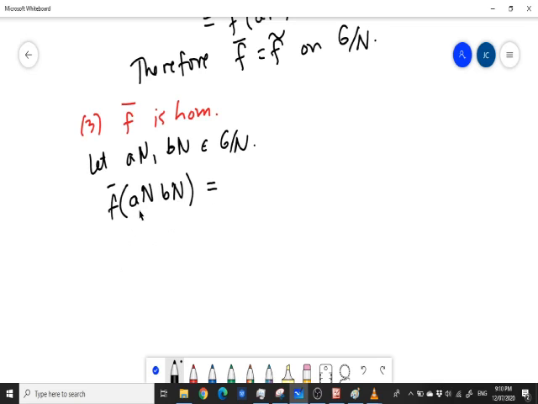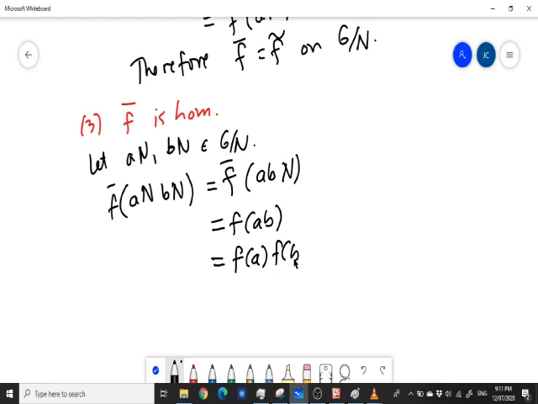right? But this is equal to ab n by the operation on G mod n, right? And then, let me think for a while. This is mapped to f of ab, right? By definition of f bar. And then since f is a homomorphism, it's equal to f of a, f of b.